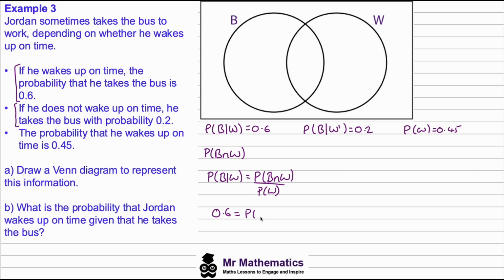We want to work out B intersecting with W, and we've been given W as 0.45. So if we multiply both sides by the 0.45, we get the intersection of 0.27.